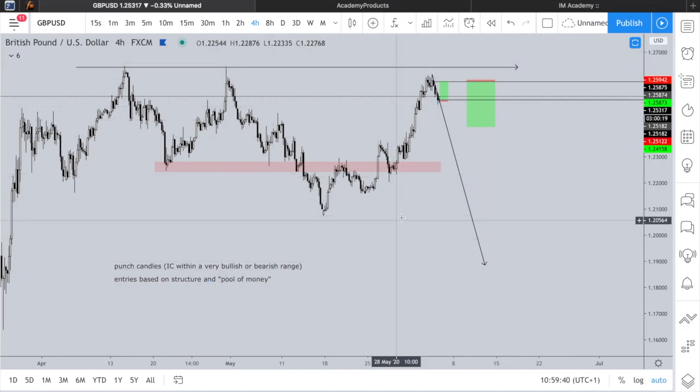However, for this move to the downside to happen, we need to understand that either the US dollar needs to gain a significant amount of strength or pound needs to lose a significant amount of strength. And when it comes to what's happening in the world currently, I don't personally see the US dollar gaining a lot of strength until potentially the second wave of this pandemic hits. And pound, there's no need for that to go down. If anything, more people are going back to work. There's going to be a lot more money in the economy.